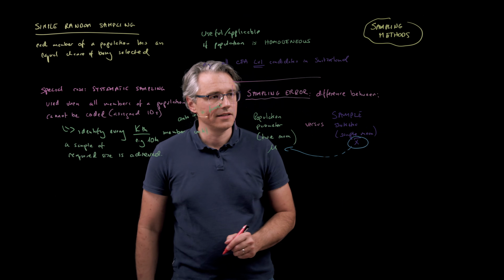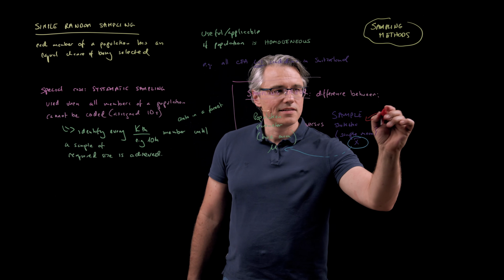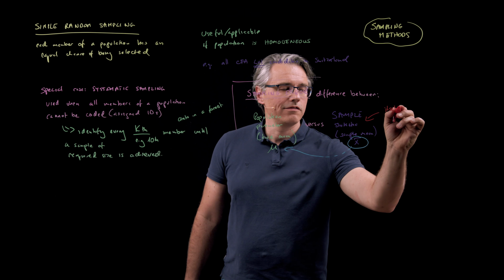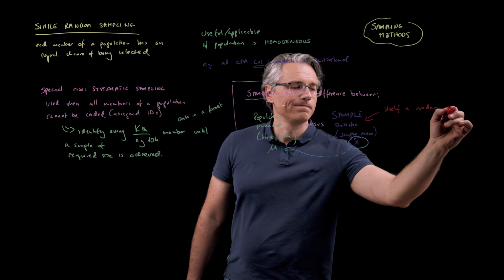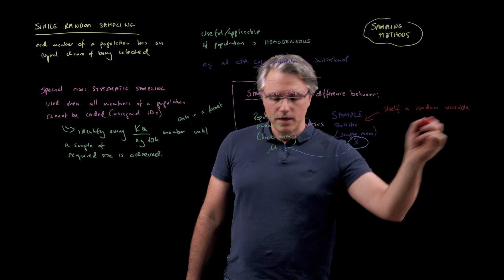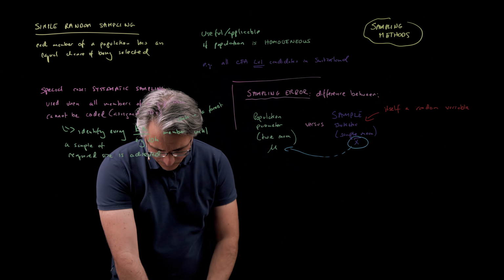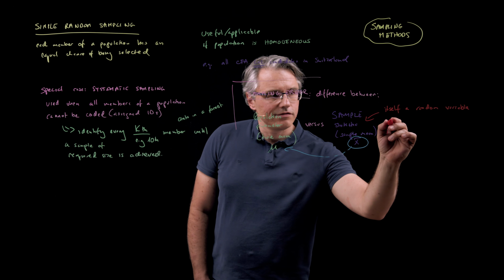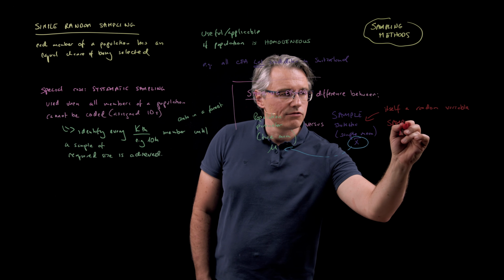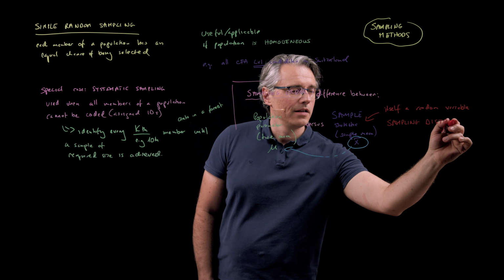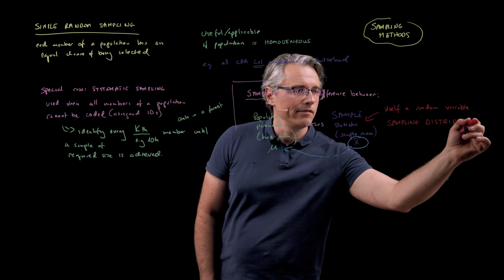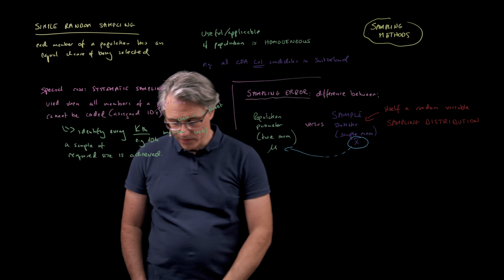And what you have to realize, and this will later on be explored in quite a lot of detail, is that the sample statistic is itself a random variable. We're going to have what we call a sampling distribution, once again explored in detail in the next video under the central limit theorem.